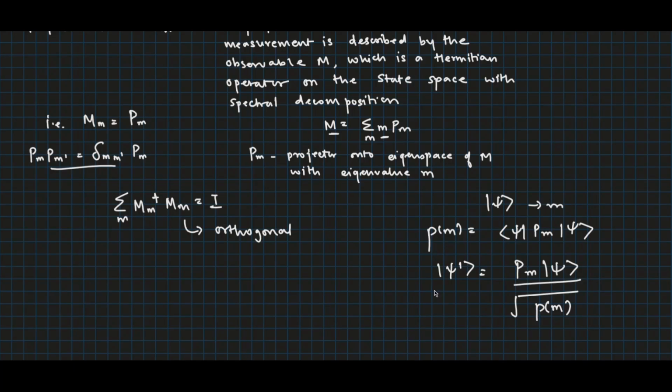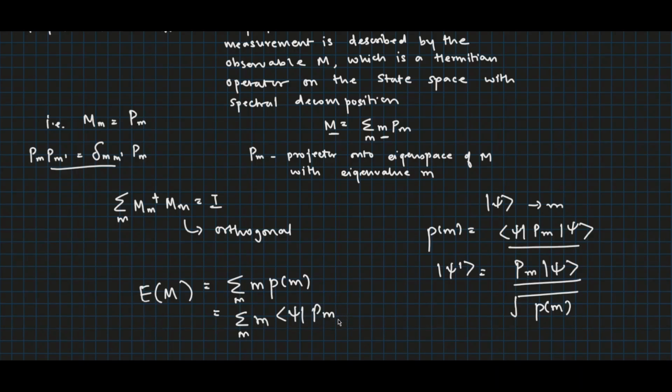The average value of measurement given by E(M) for the observable M can be calculated using the projector operator P_m, such that E(M) can be given as summation m times the probability of getting m, which can be written as summation m times <psi|P_m|psi>.